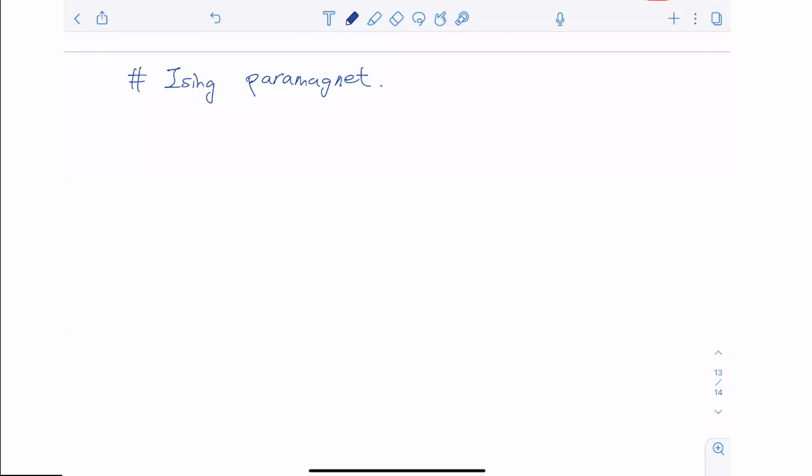Ising just means that it is a two-level system, and this model, the Ising model, is used to study magnetic systems in various contexts. So it is kind of important, especially if you work in solid-state physics or magnetism.